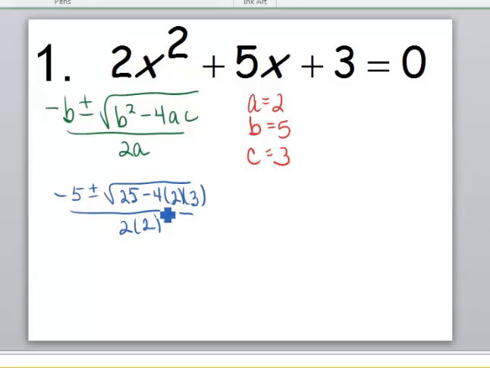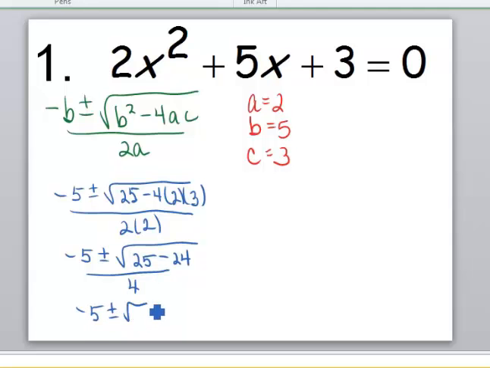Now it's just plain simplifying. So I've got negative 5 plus or minus the square root of 25 minus 8 times 3, which is 24, all over 4. Negative 5 plus or minus the square root of 1, over 4. What this does is it lets me break this down into 2 parts.